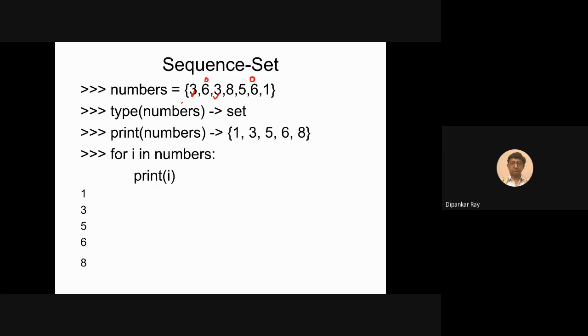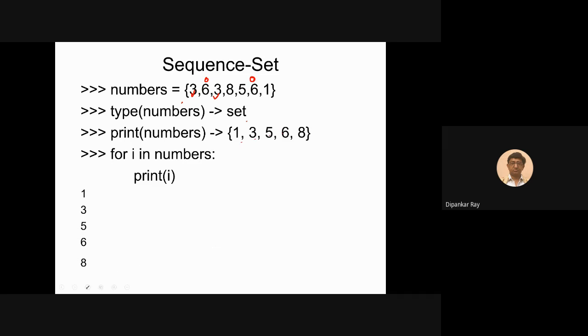Since it is a set, automatically it will store them in sorted order, 1, 3, 5, 6, 8. It will eliminate the duplicate elements. Then when I write print i in numbers, it will display 1, 3, 5, 6, 8.